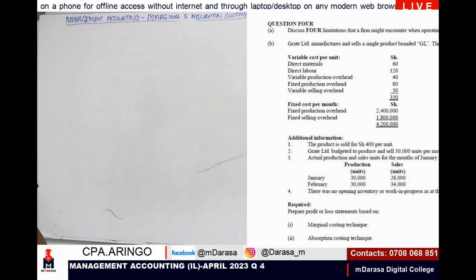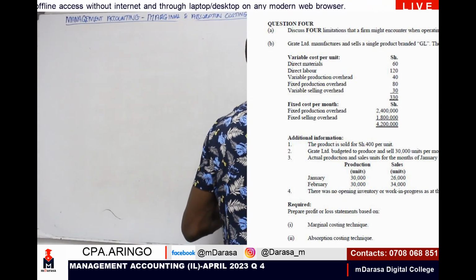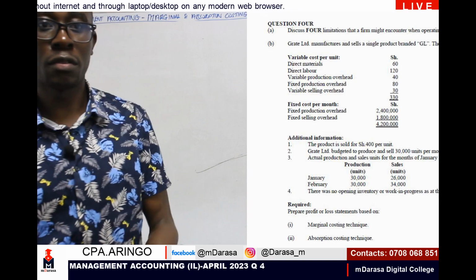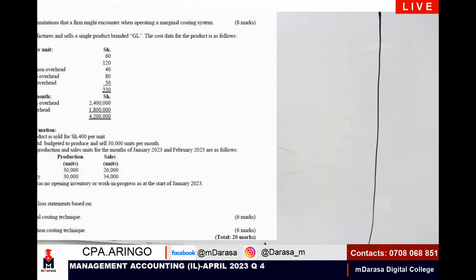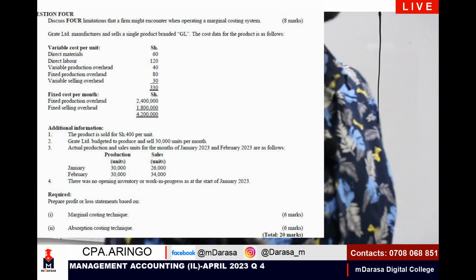Looking at our product cost statement, where should we work it out? I can prepare it somewhere here, just beside at this point. I hope it will be very visible. So let me squeeze this question of ours on this side so that we can use the other side very well.